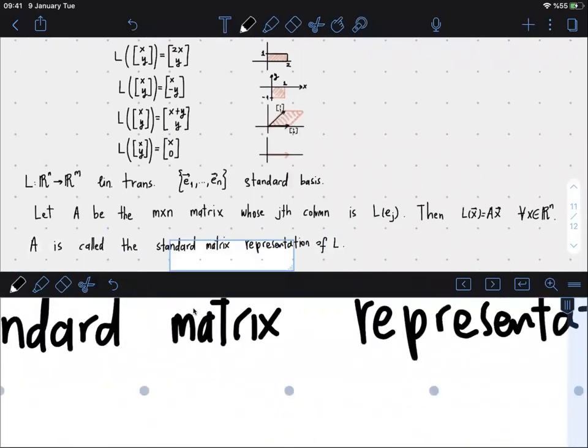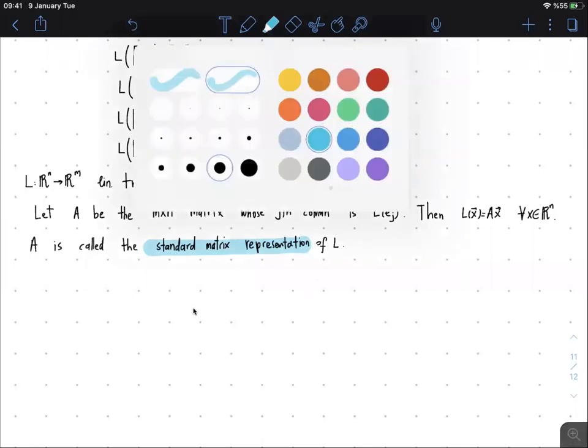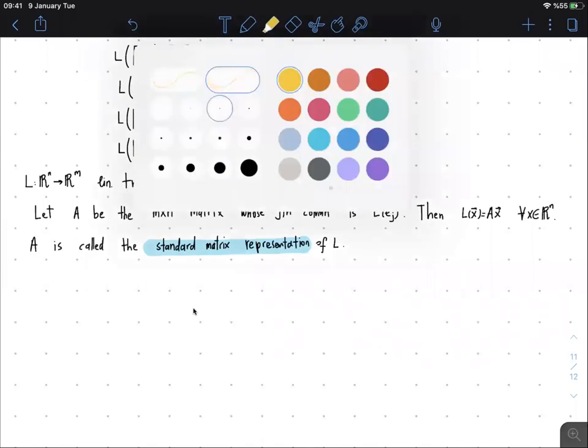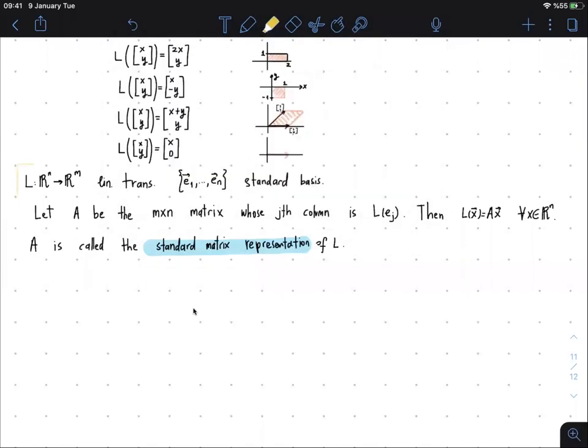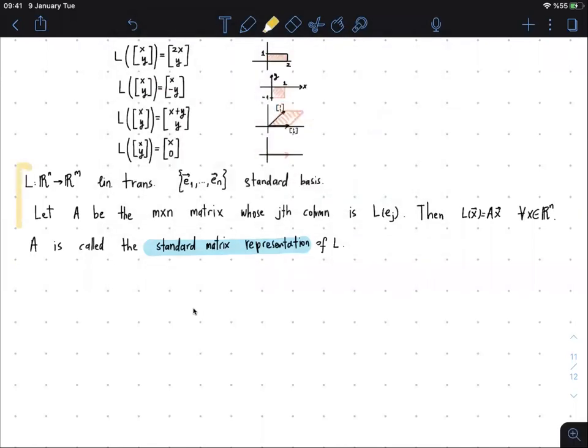So what do we do now? Let's make this highlight. Standard matrix representation. This is the important term here. Let me choose this one.